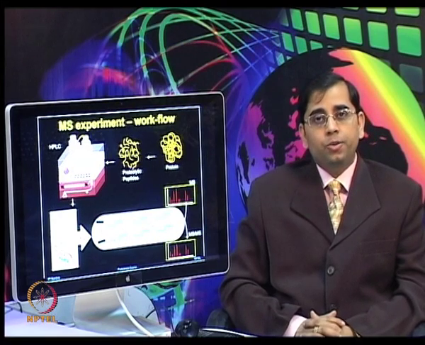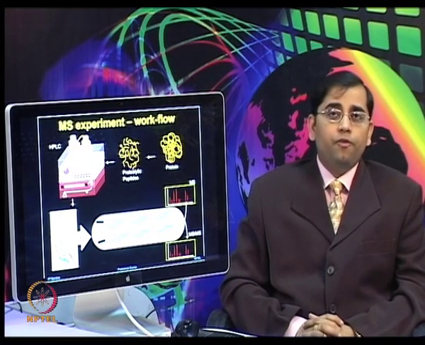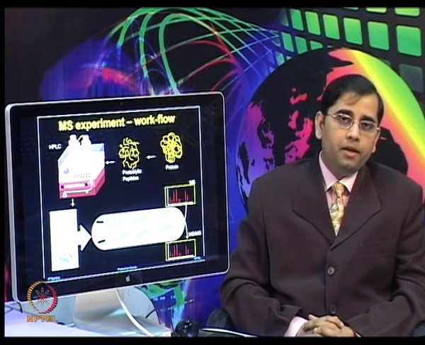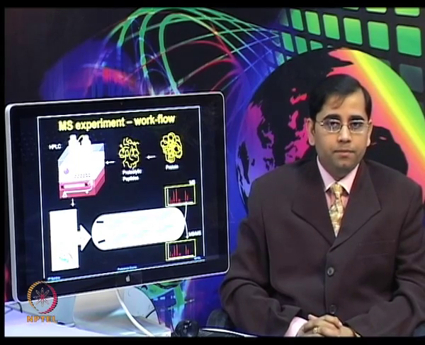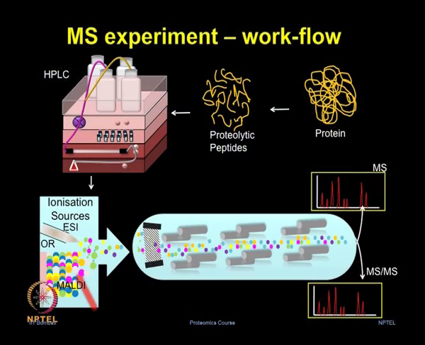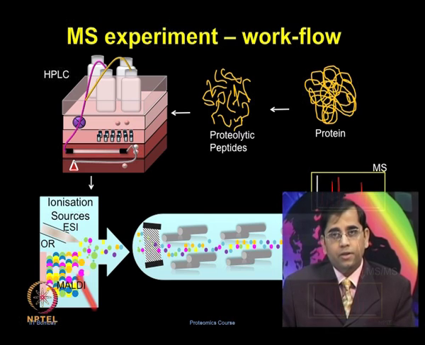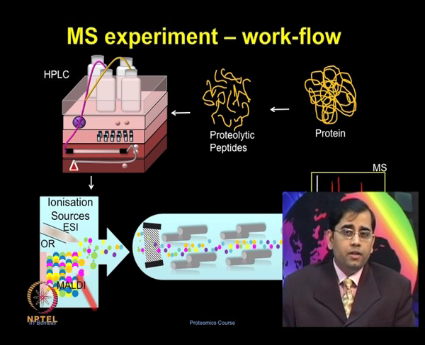The slide shows you an overview of the workflow involved in performing an MS based experiment. First of all, you can pre-fractionate your sample by using liquid chromatography, or one can also try different methods of pre-fractionation and then apply that for further MS analysis.